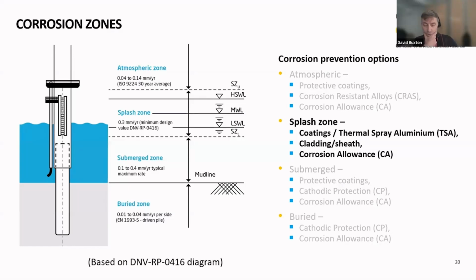The prevention options for this zone, again, are coatings and possibly the use of thermally sprayed aluminium, more robust cladding or sheaths applied to the area, and the inclusion of a corrosion allowance. So if you could go to the next slide.